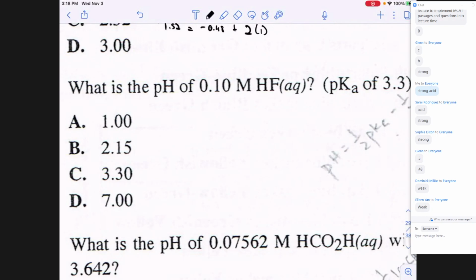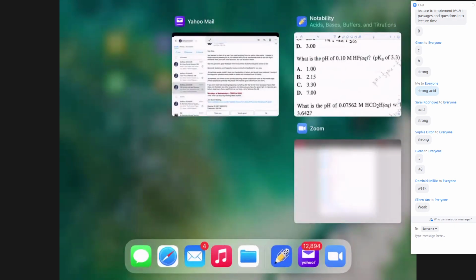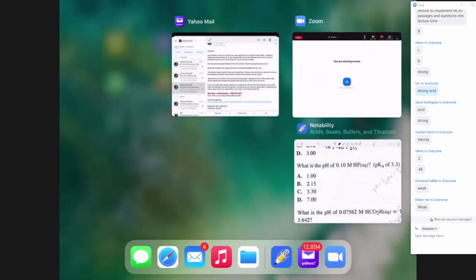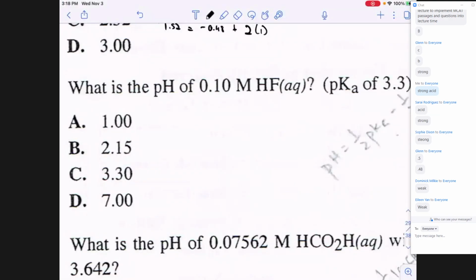So what equation should we be using? You like to call it the 1/2 equation. It's a weak acid equation. So use it, plug it in, tell me what you get. I'm going to give everyone a chance to build those neural pathways themselves, giving you proof that you can do this on your MCAT on your own.